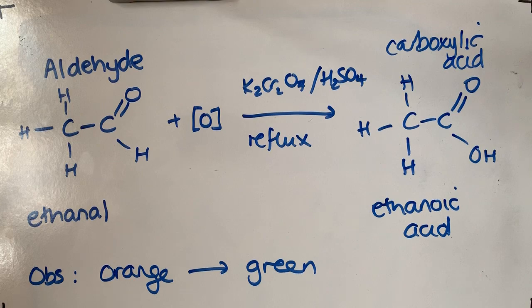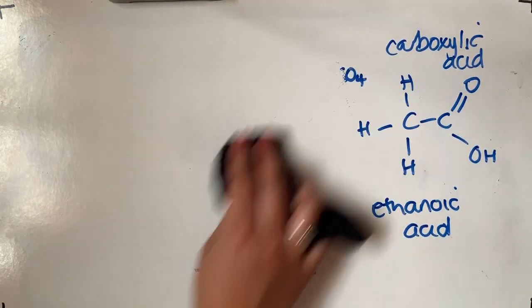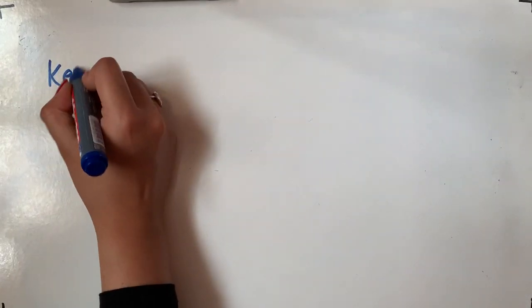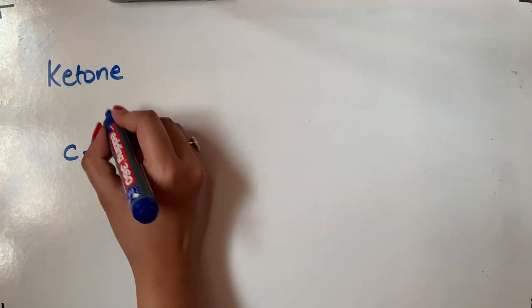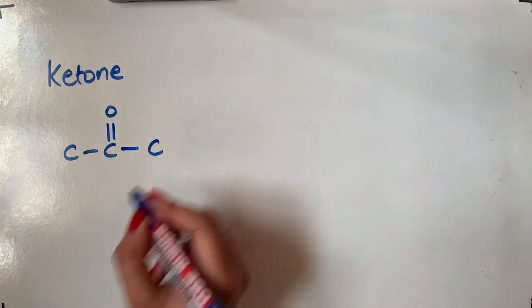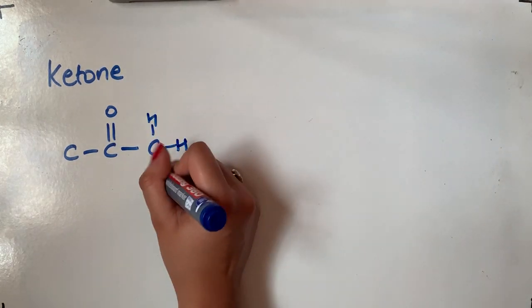Right, let's now have a look at ketones. If we have a ketone, which is our other carbonyl, we looked at aldehydes, now we look at ketones, so I'm just going to go for propanone.